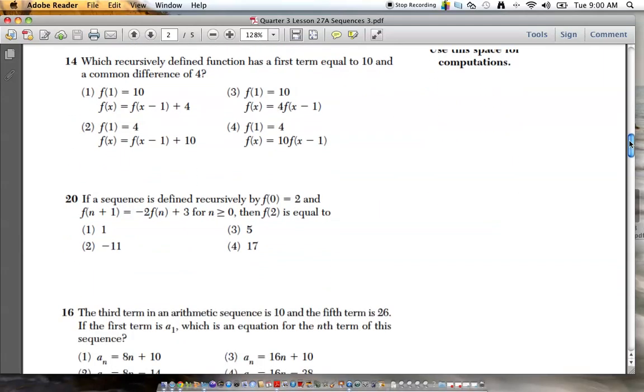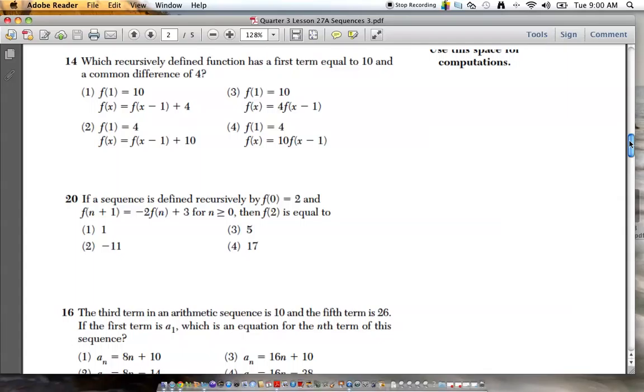Which recursively defined function has a first term equal to 10 and a common difference of 4? First term of 10, a common difference of 4. What do you think? Everybody?